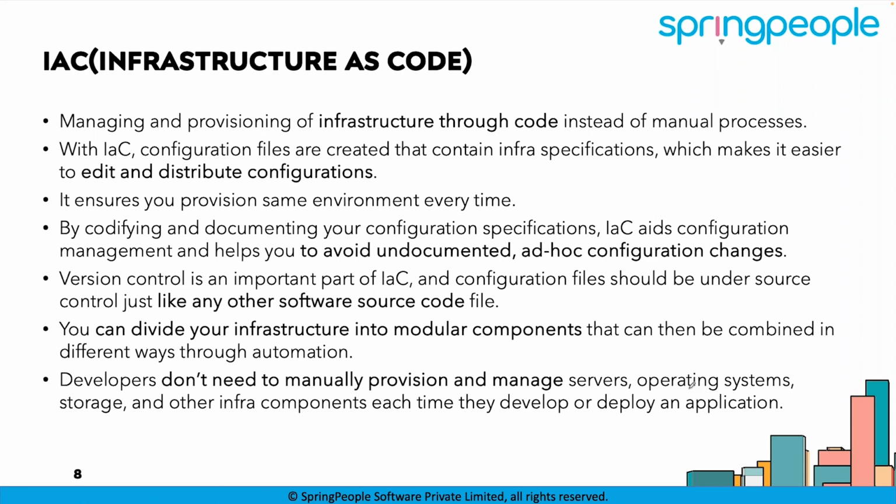Version control, like Git. When you start associating this infrastructure code with Git, you can easily find out who did what at what time. And also, if there is a provision, you'll understand what the requirement was, what the change number was, what the incident was, why this was added, and all those things.